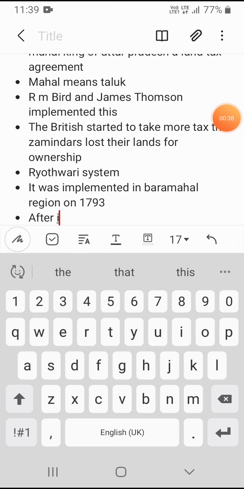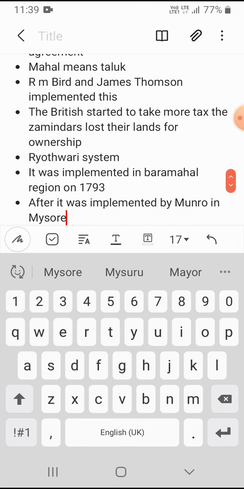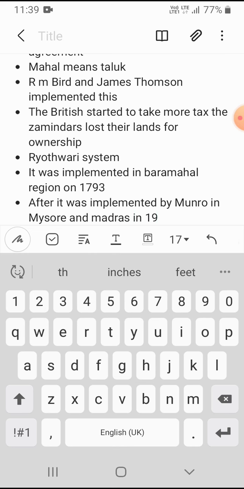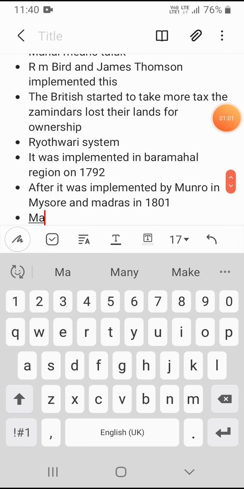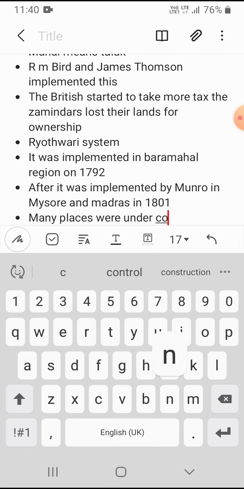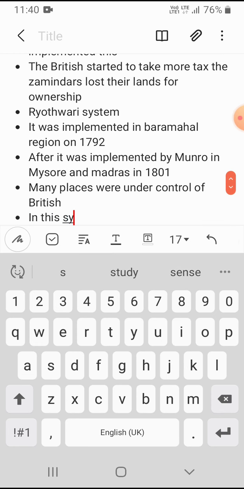After it was implemented by Thomas Munro in Mysore and Madras regions in 1801. Many places were under the control of the British.